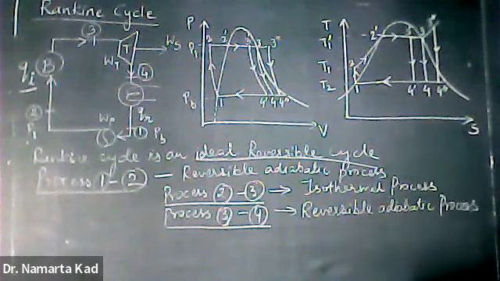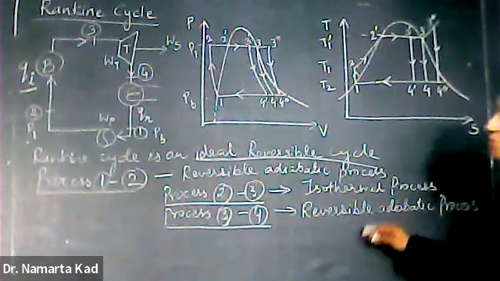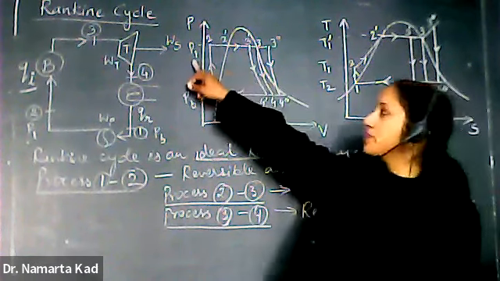It is the reversible adiabatic, or you say isentropic expansion of steam in the turbine from boiler pressure P1 to the back pressure PB. That means the pressure reduces from boiler pressure P1.